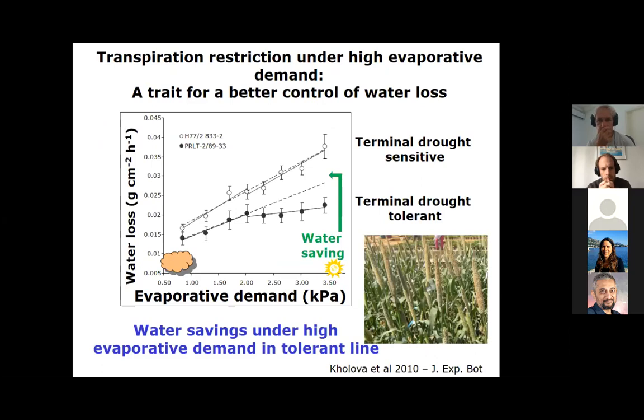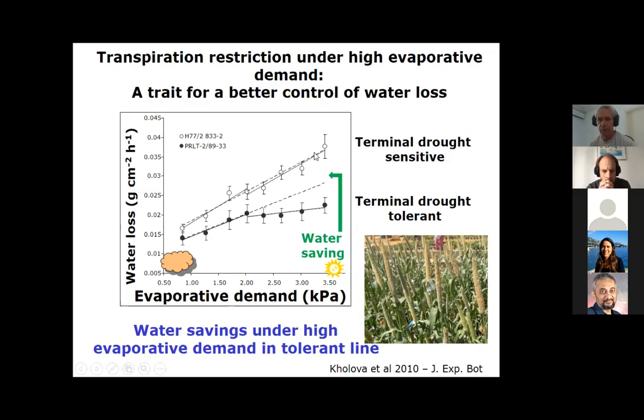A few years ago, we were looking at this in the scope of a project on water stress. On that graph, the y-axis is basically water losses, transpiration, as a function of the evaporative demand, the VPD. Between two lines of pearl millet, in one of them, as we increase the vapor pressure deficit, transpiration increases linearly.